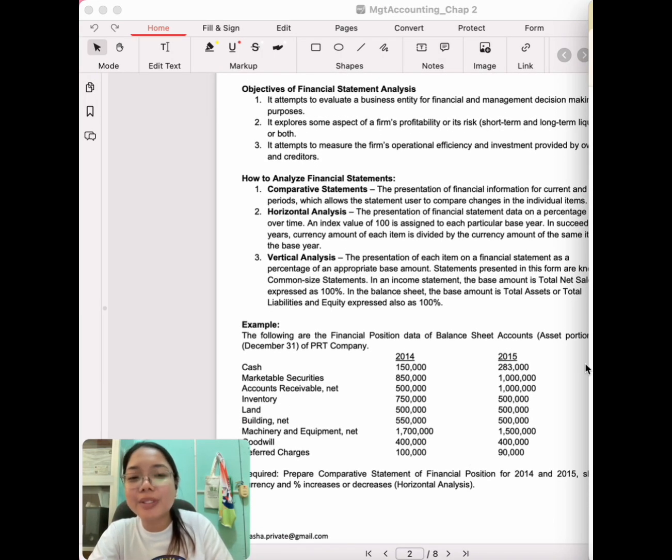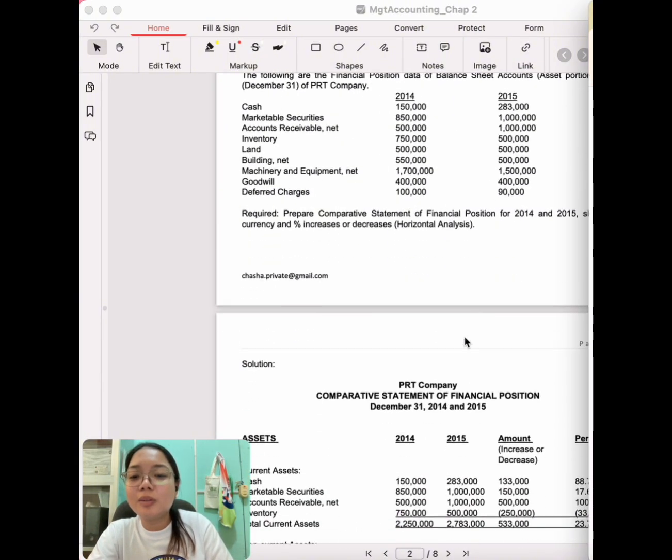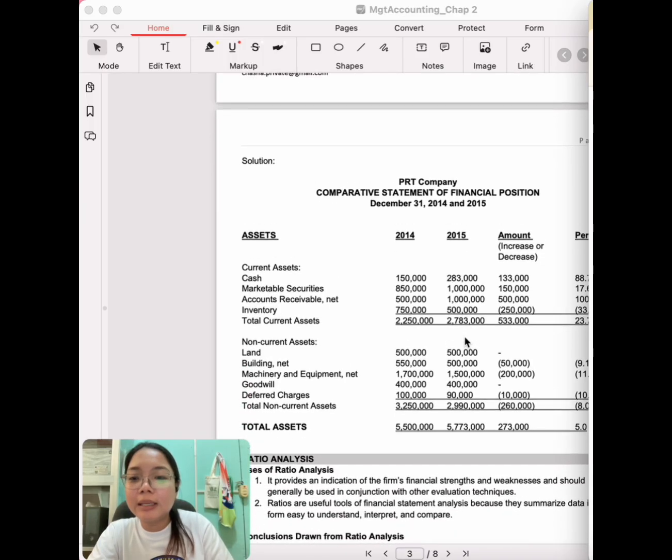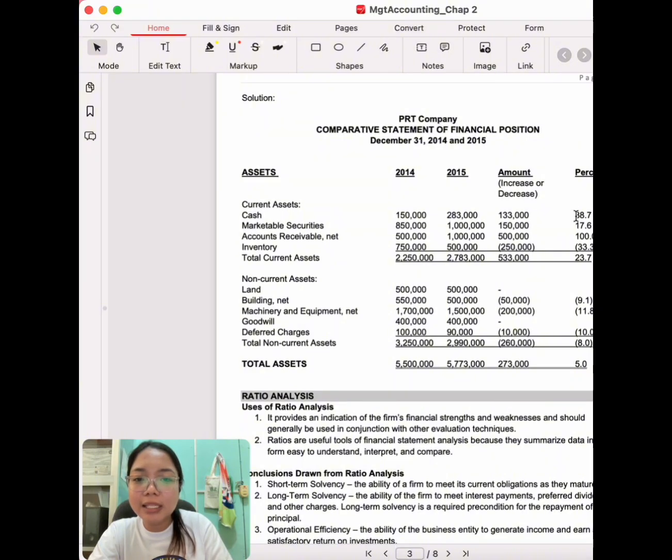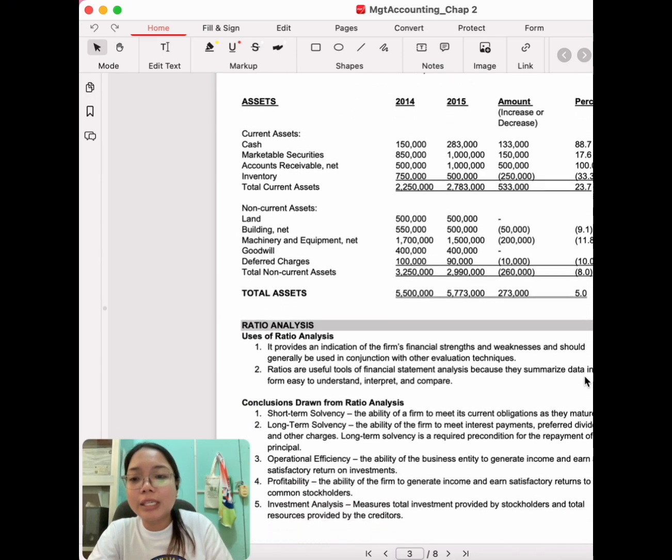Nag-increase ng 5% yung total assets ng PRT company. Okay? So, ayun. Makikita natin dyan dito sa solution. As you can see, 88.7, then the total assets ay 5% yung in-increase niya compared doon sa previous year.